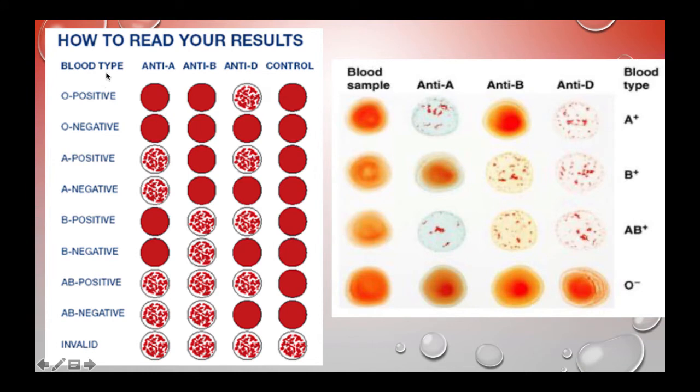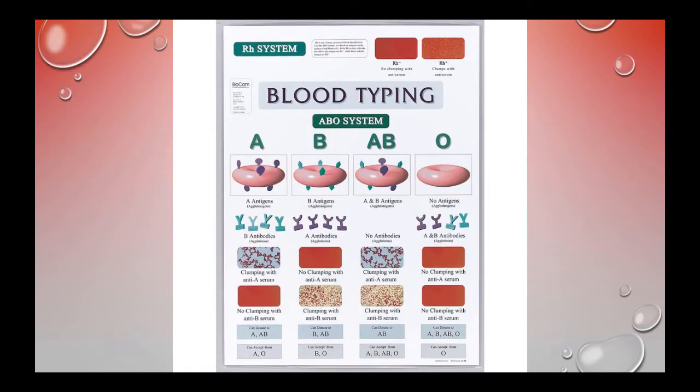But when you do your blood typing, remember, and I love this nice little chart here because it kind of shows you everything, we have the ABO system for blood typing.